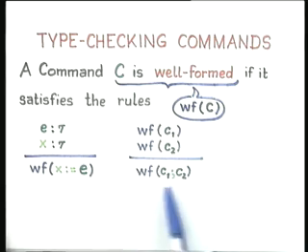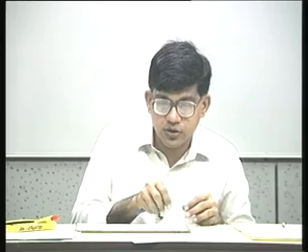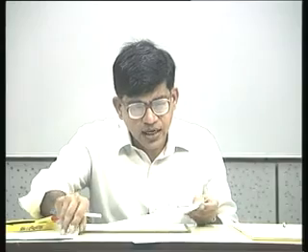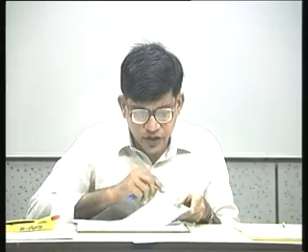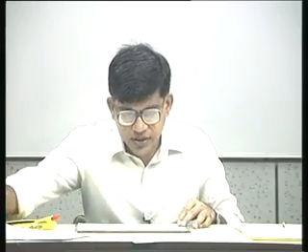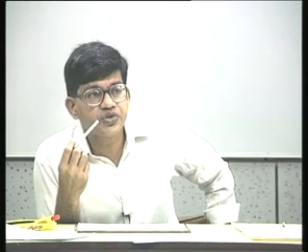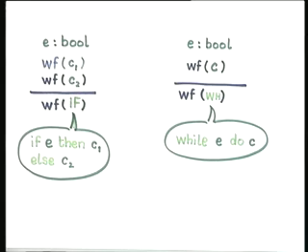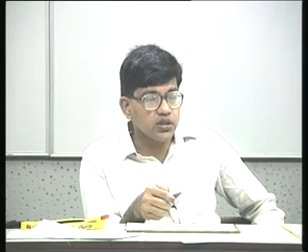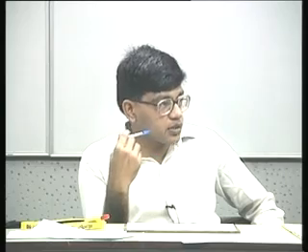commands individually type check, then their sequencing also type checks, and the if then else and the while just require this kind of checking. Their individual bodies have to type check, and it should be ensured that the expression is a boolean, then the individual commands also type check, right.